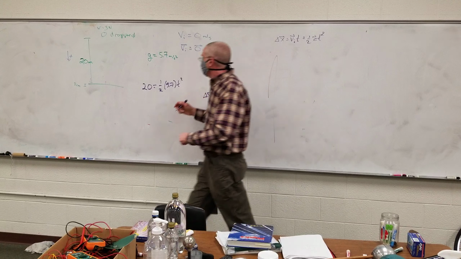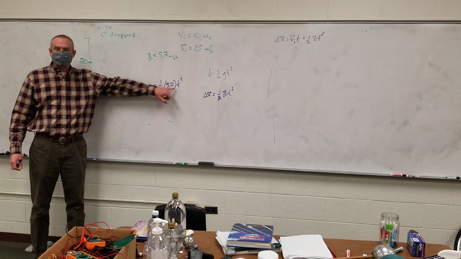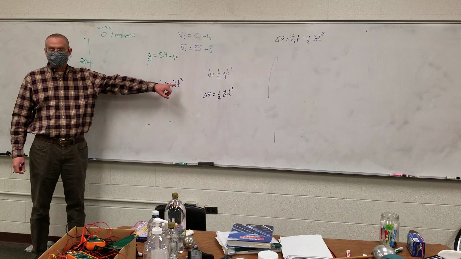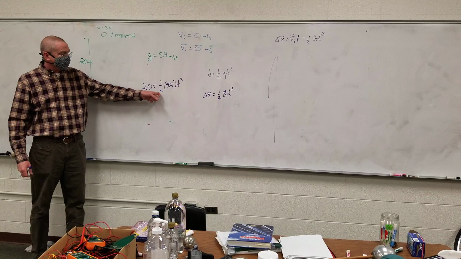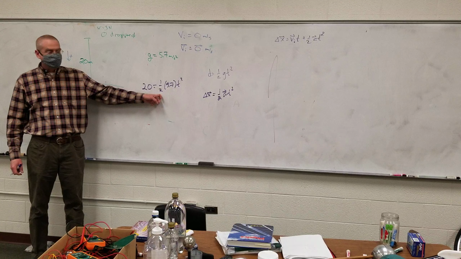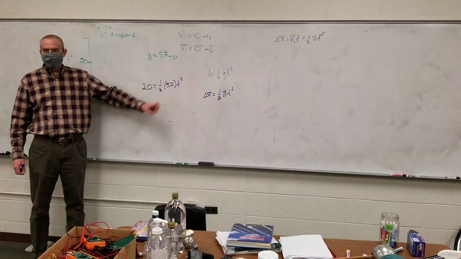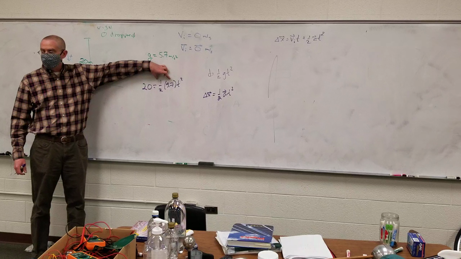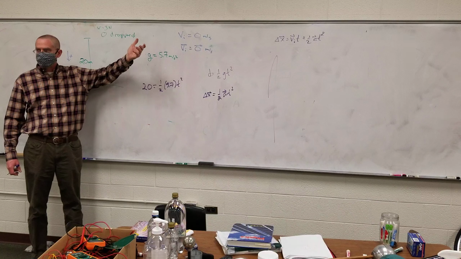All right, so time. We need to get time all by itself. First, we need to get time squared all by itself, so we have to get rid of this stuff up front. The two basic approaches: we multiply both sides by 2 to get rid of the 1/2, and then we divide by 5.7 to get rid of the 5.7. Or you could multiply these two together first, and then divide by whatever that is.